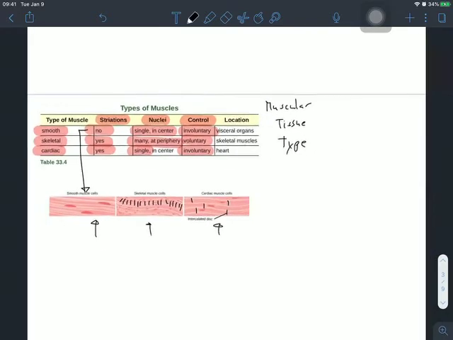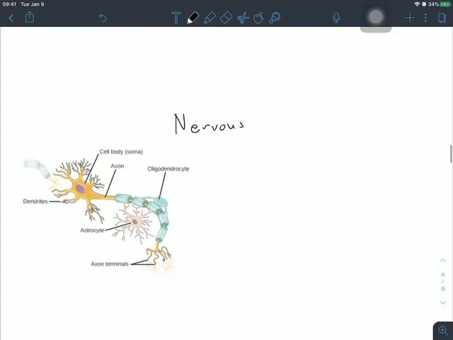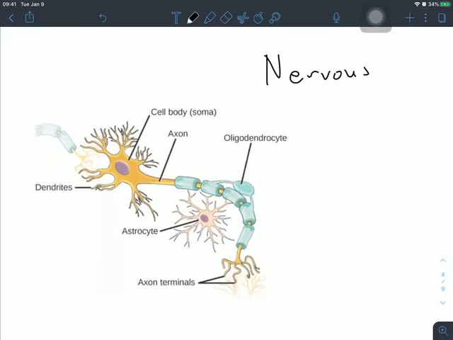Now our last tissue type is that belonging to neurons or nervous tissue. We won't spend a lot of time talking about it today because they are incredibly complex, and we'll have 2 full lectures devoted to the nervous system and specifically nerve cells coming up.